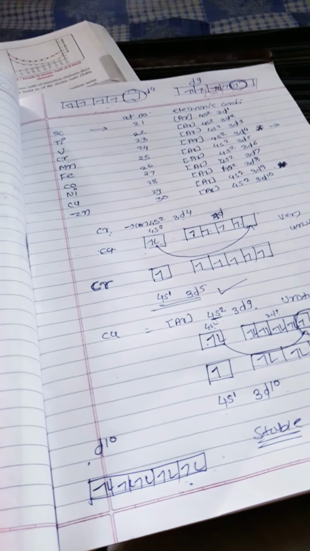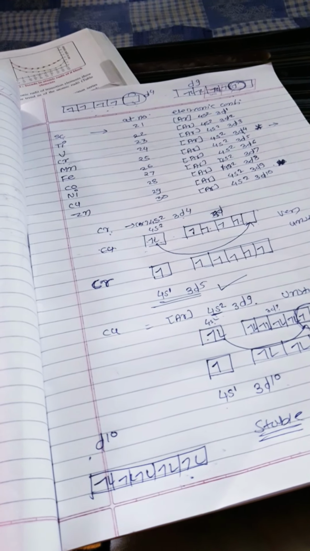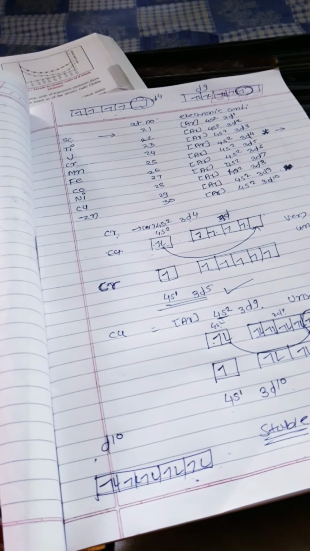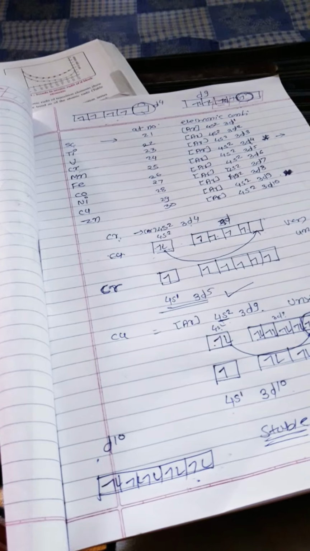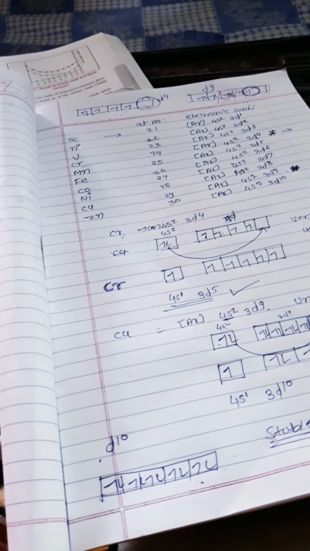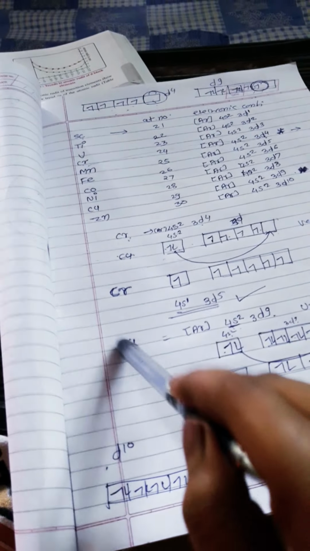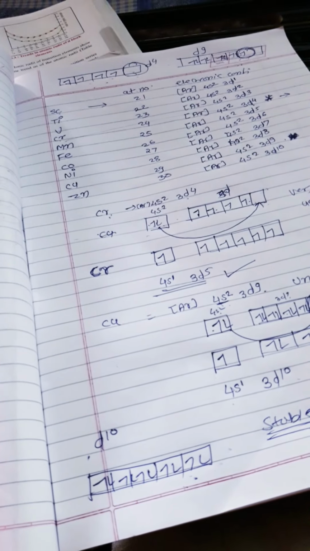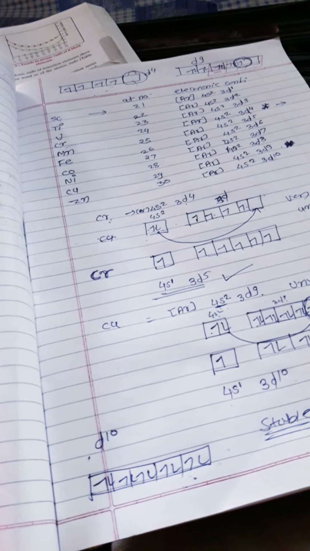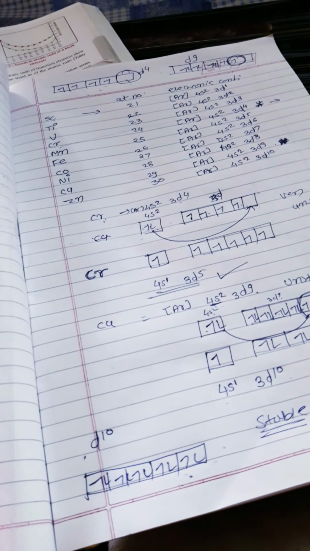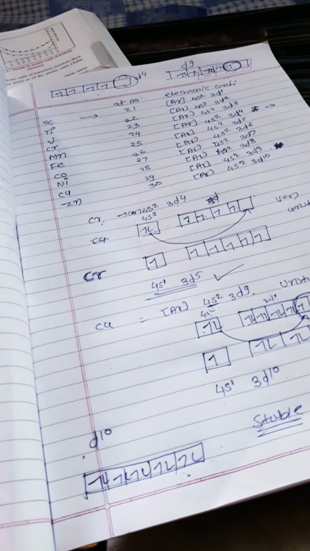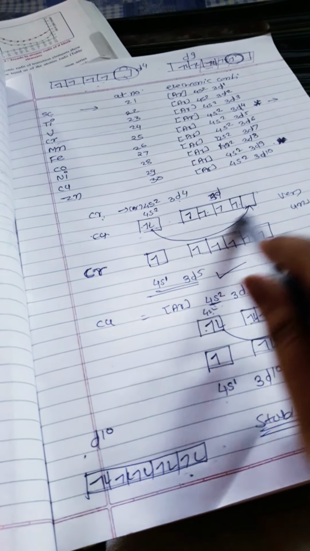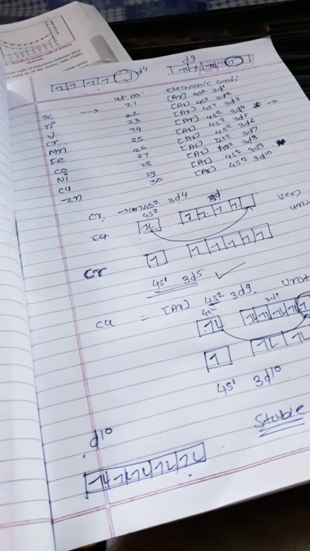But in exceptional cases, copper and chromium do not follow the above principle. Why? To maintain the stability of that particular element, they shift one electron from the s orbital to the d orbital.